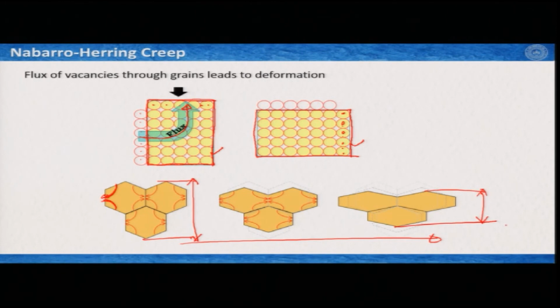So, it essentially got shortened, and on the other side it also got extended. So, elongation on this side and shortening on the other side happened through the process of Nabarro-Herring creep, where the fluxes happen through the crystal.